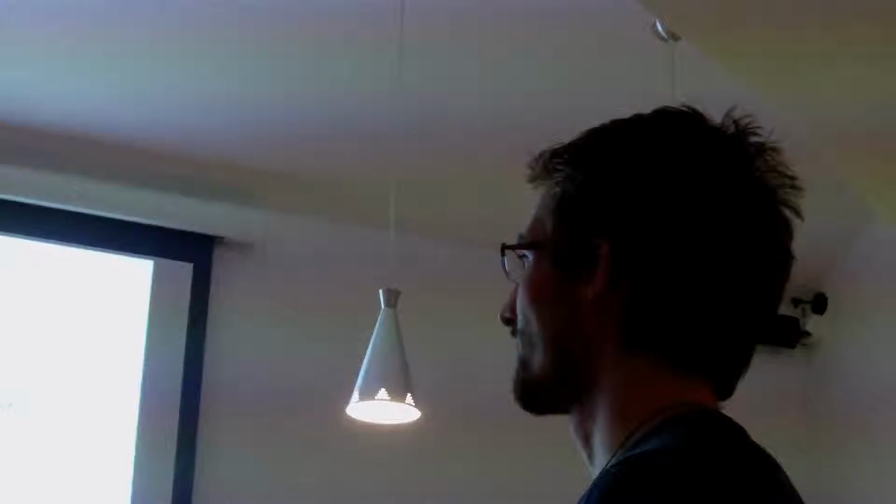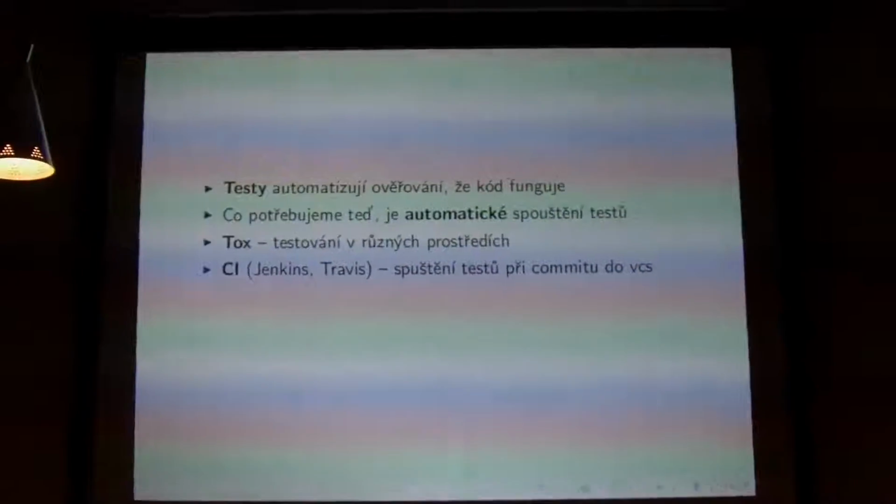There is tox, which runs your tests in different environments, for example, for Python 2.6, 2.7, 3.2, and it runs it in all these environments with just one command. And the other is continuous integration, like Jenkins or Travis.